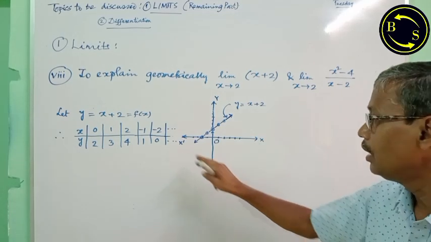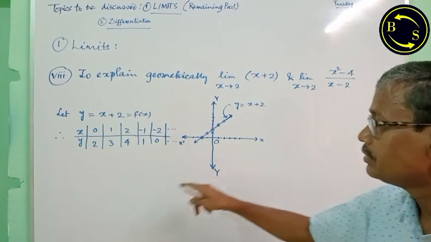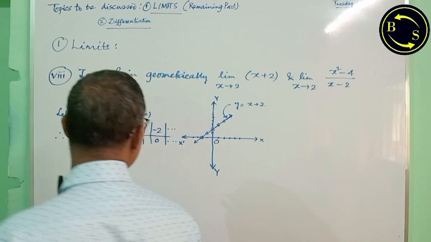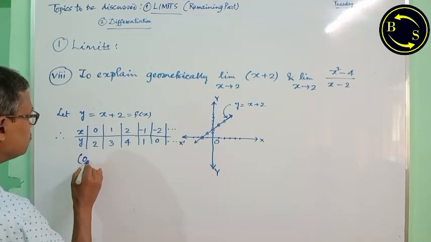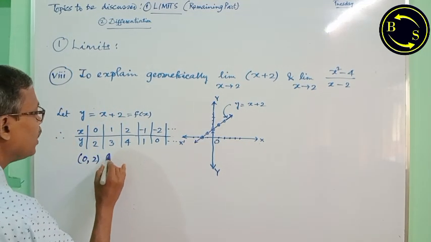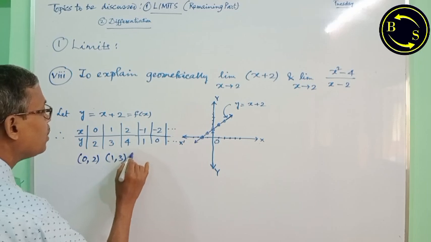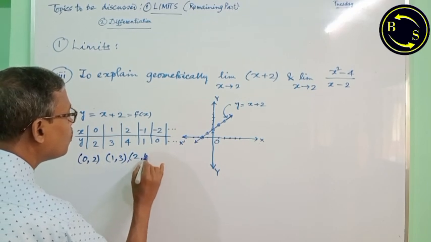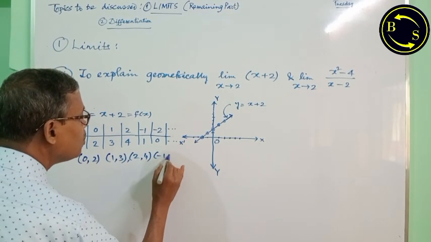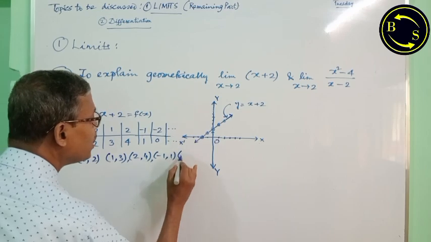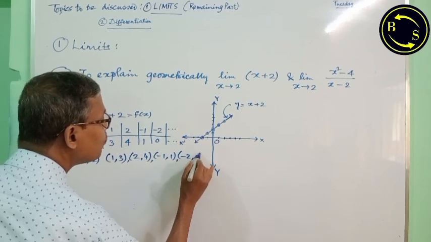Already you have learned. Now I have plotted the points. First of all (0, 2), then (1, 3), then (2, 4), then (minus 1, 1), then (minus 2, 0).